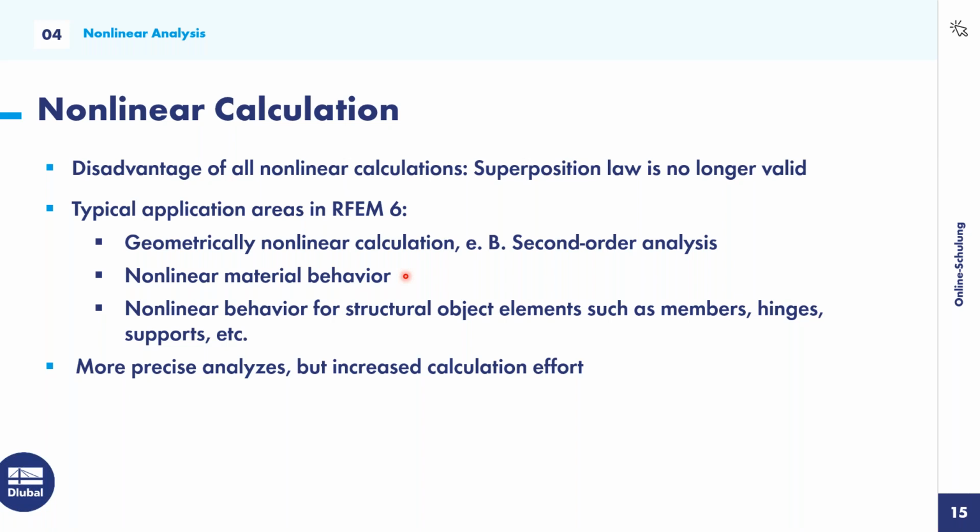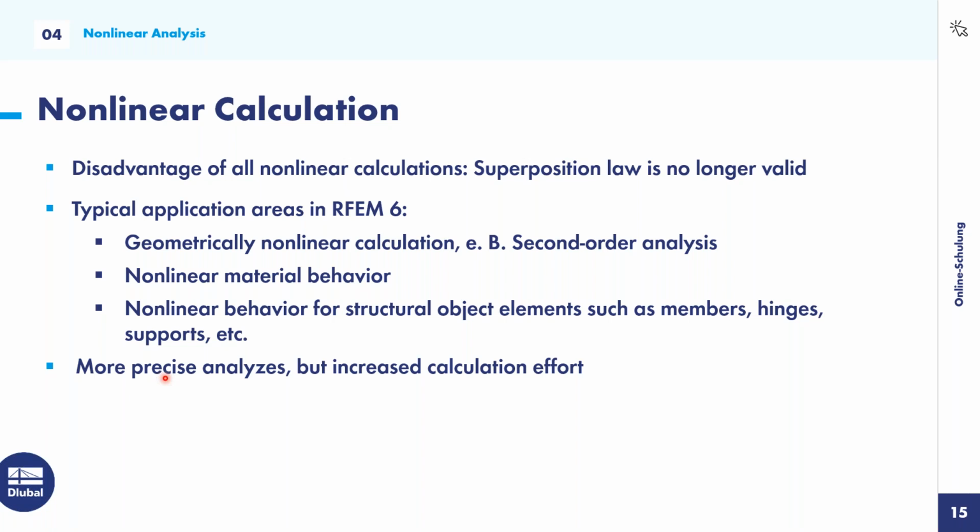Then you can also consider nonlinear material behaviors in RFEM 6. We also have the possibility to consider nonlinear behaviors for structural objects like members, hinges, and supports. And you can consider better and more precise analyses and results.